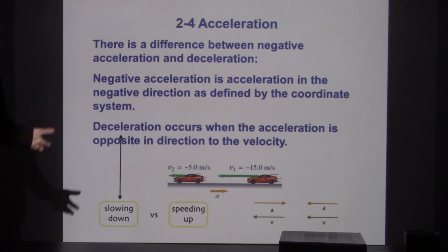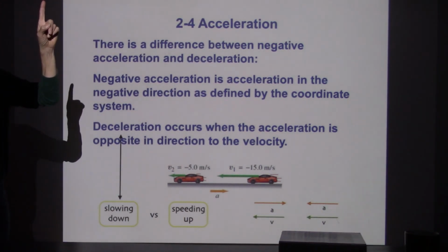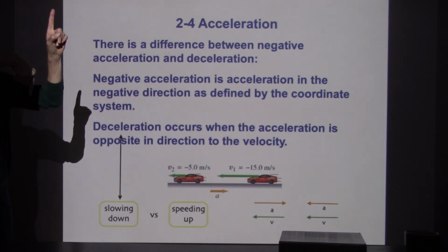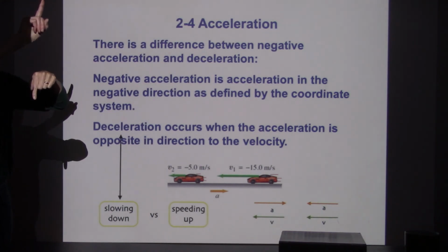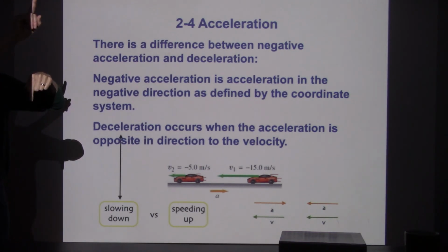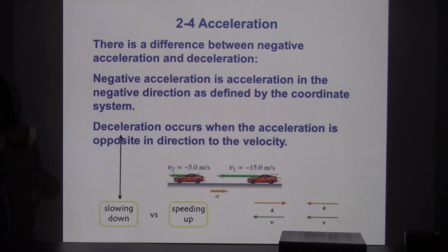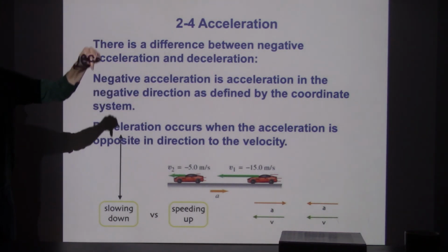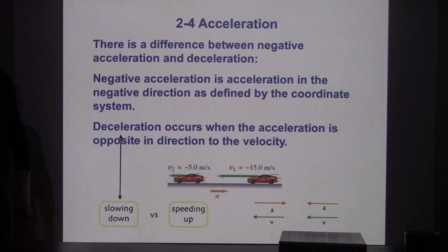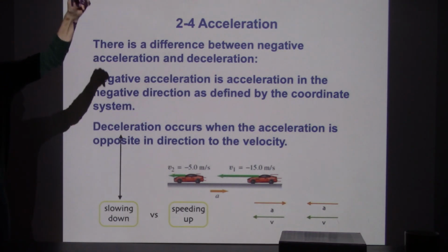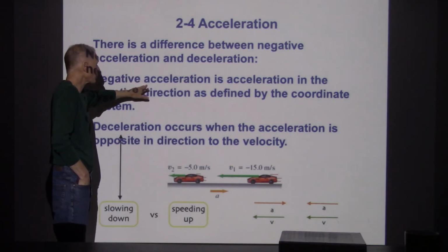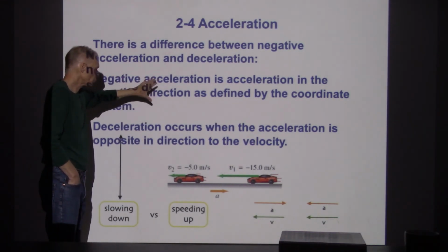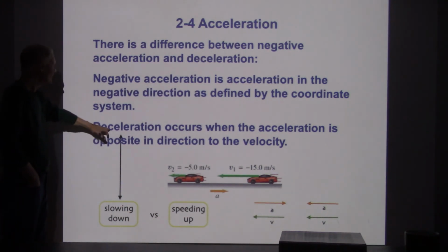We could set up the coordinate system so up is positive and down is negative, or so down is positive and up is negative. If I drop something and it accelerates, in one of those examples the acceleration is in the positive direction, but if I switch the coordinate system around, now I've got an acceleration in the negative direction. So a negative acceleration refers to the coordinate system we're working from.